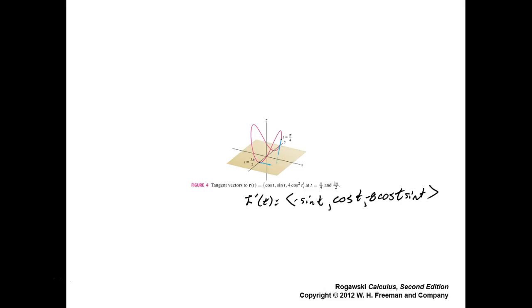There's positive x, positive y, positive z. Still a right-hand rule, it's fine. So when t is equal to 0, your x is 1 already, so it's out here somewhere. Your y is 0, so you're still on the x-axis. But then your z moves you up, 4.